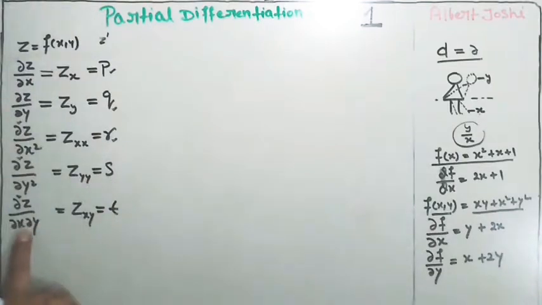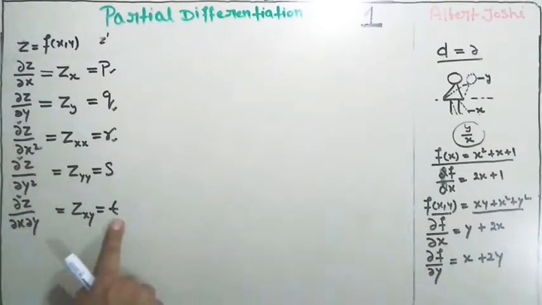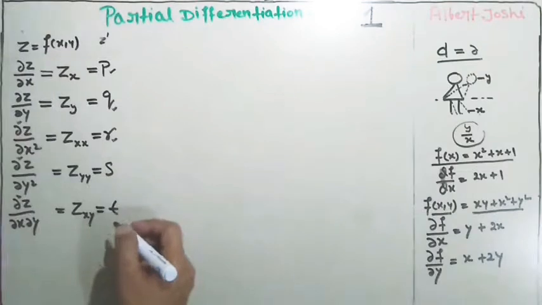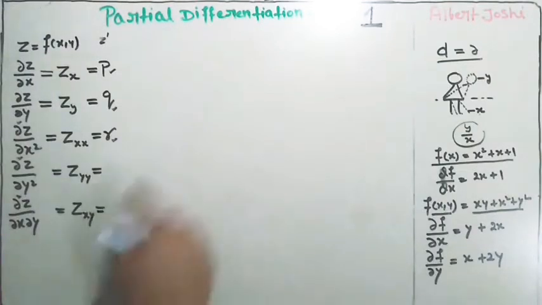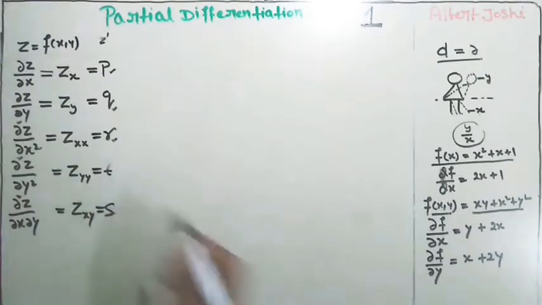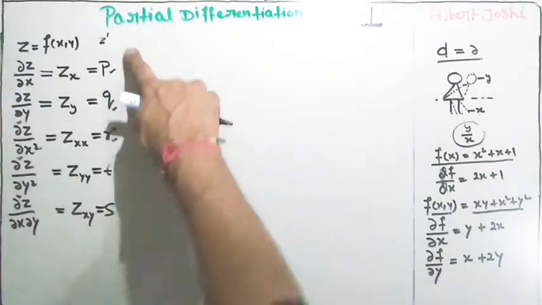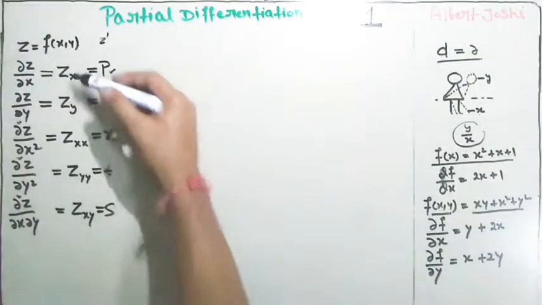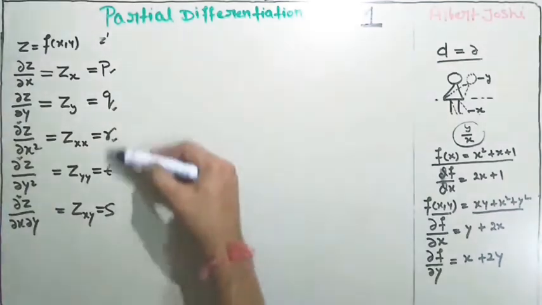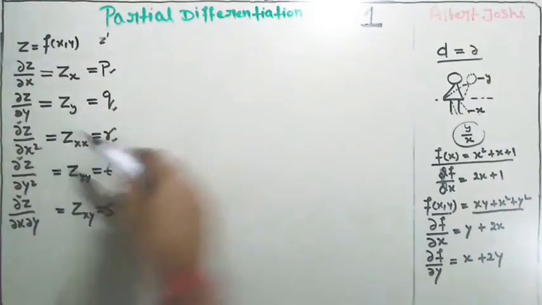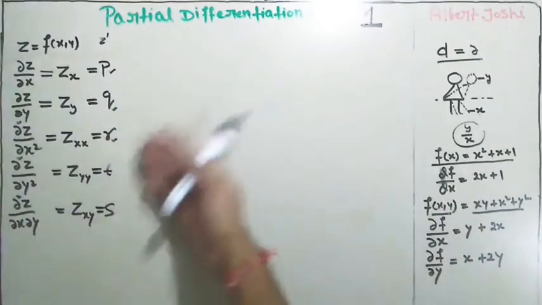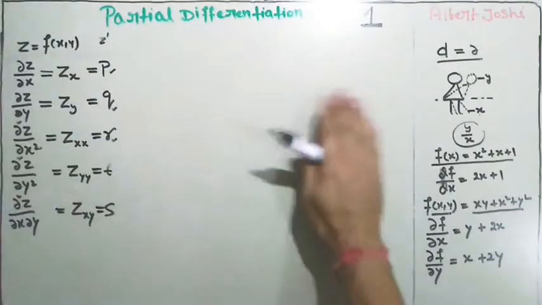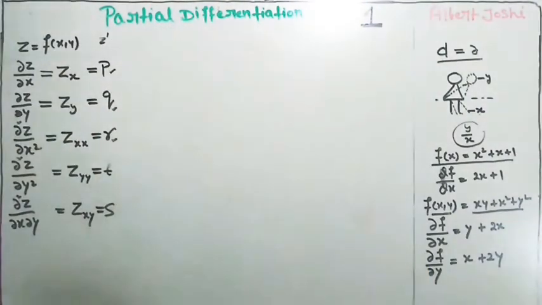After that we differentiate with respect to x one time, then y, this is z of xy, and we are representing it as s. Sorry, this is t actually, and this is s. Some standard books represent these as p q r t s. You can also write another variable, no problem. So these are the variables.